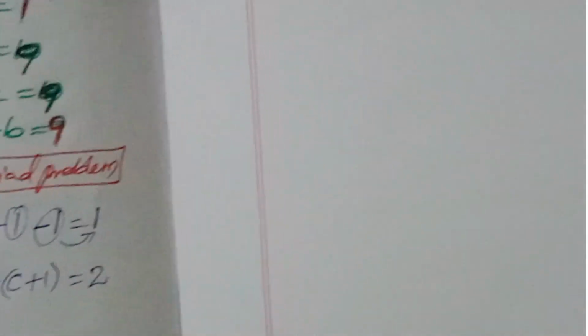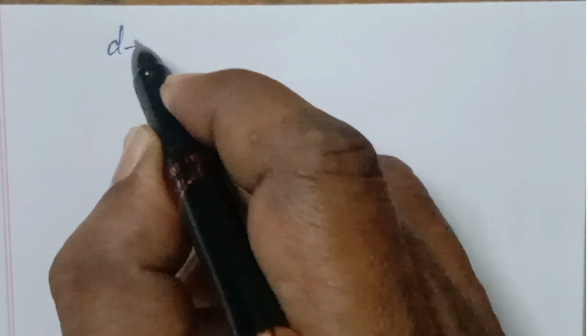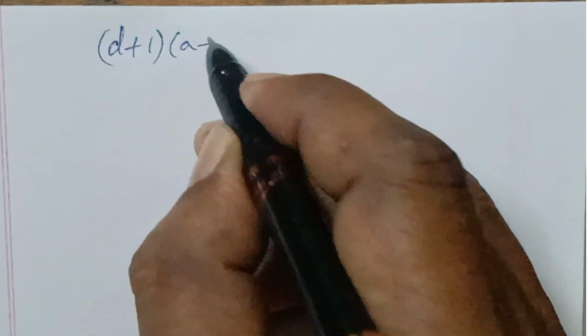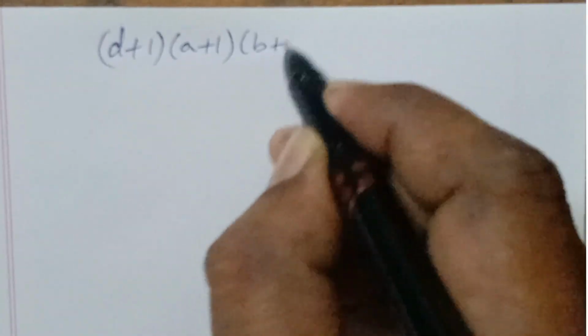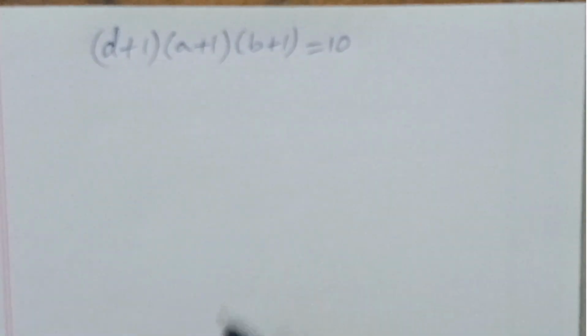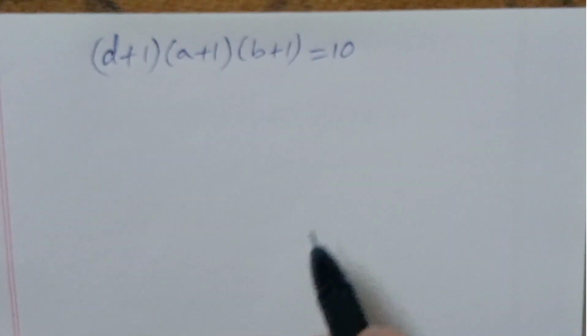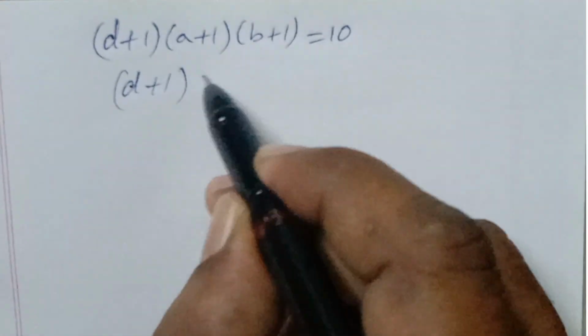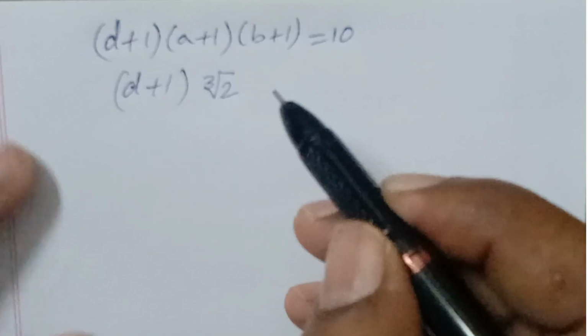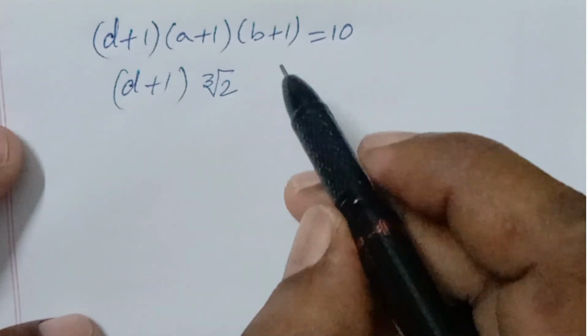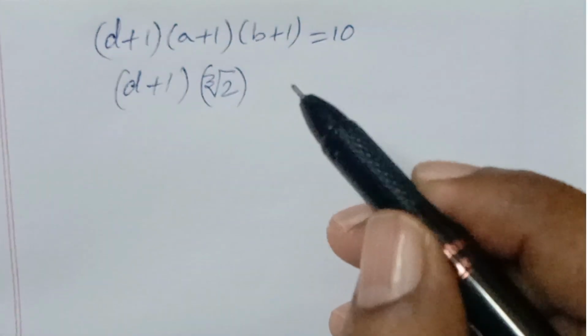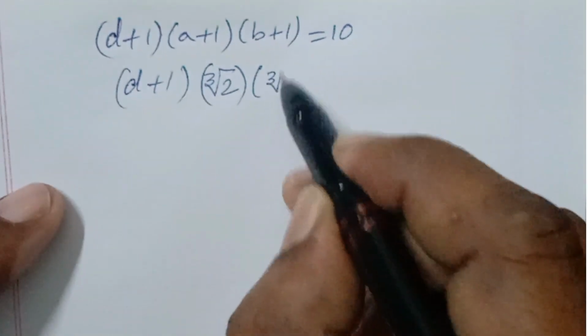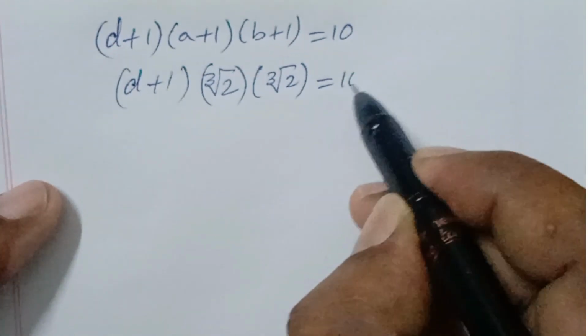Now, if you substitute these values in the fourth one, what is the fourth one? (d + 1)(a + 1)(b + 1) is equal to 10. Substituting here, (d + 1) times cube root of 2 times cube root of 2 is equal to 10.